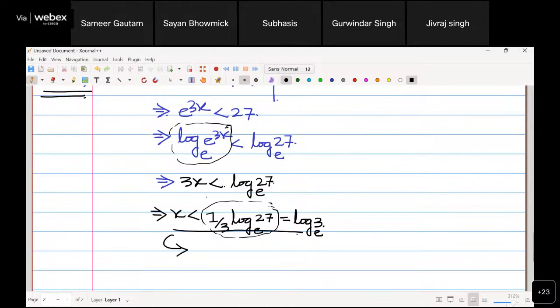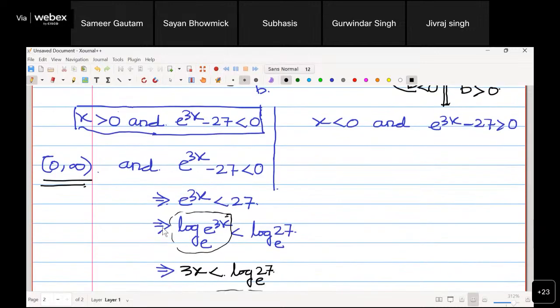If you have a question, just simply ask it; you don't have to raise your hand. So if x is less than this thing, then I will get this interval. But I want all such x for which this holds as well as this holds.